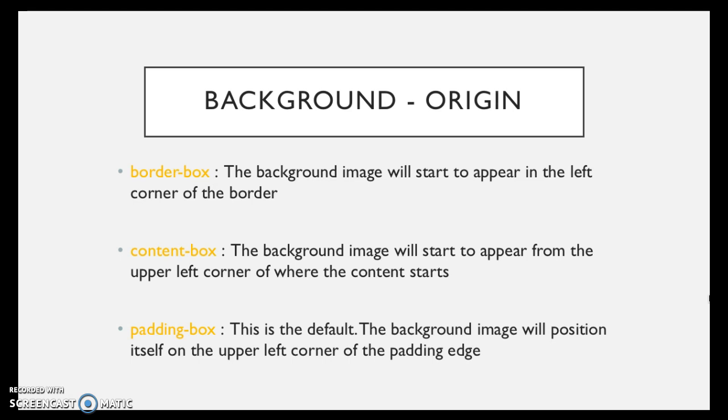The next one is content box, and the background image will start to appear from the upper left corner of where the content starts. So it'll just cover all the content area. And then the next one is padding box, and this is the default value. The background image will position itself on the upper left corner of the padding edge.